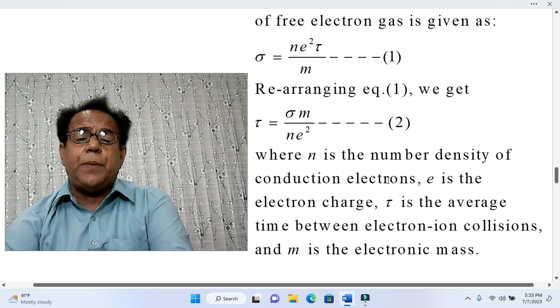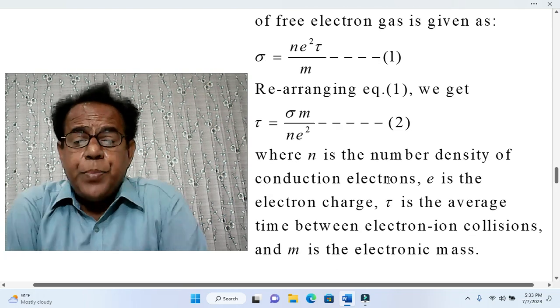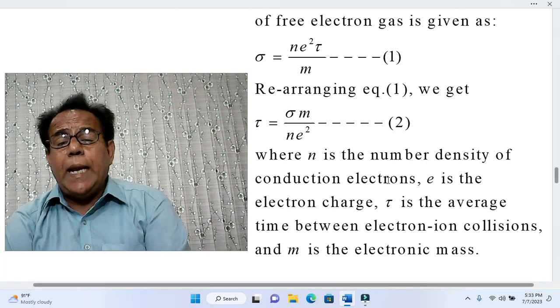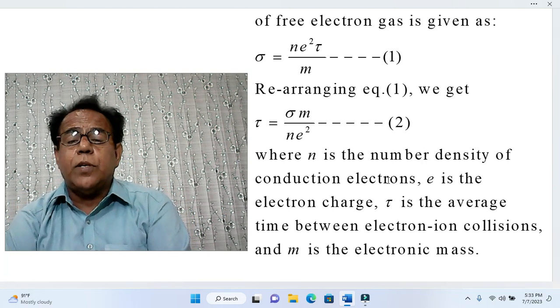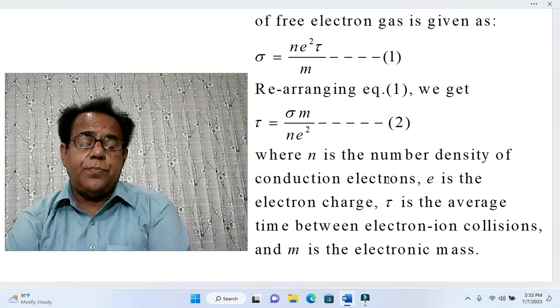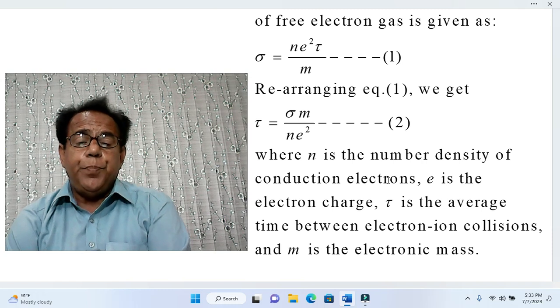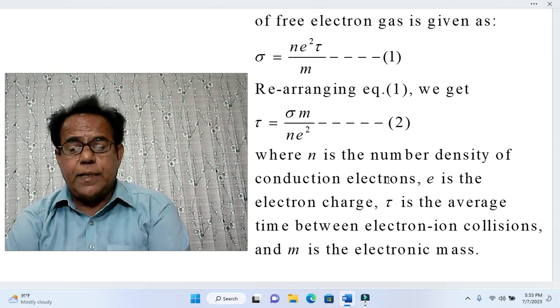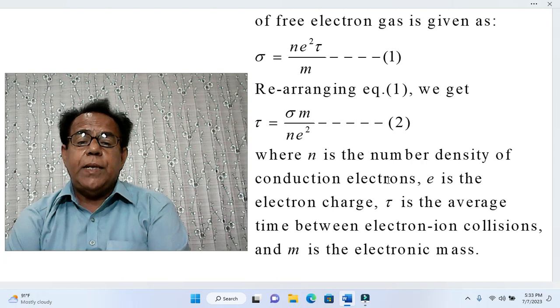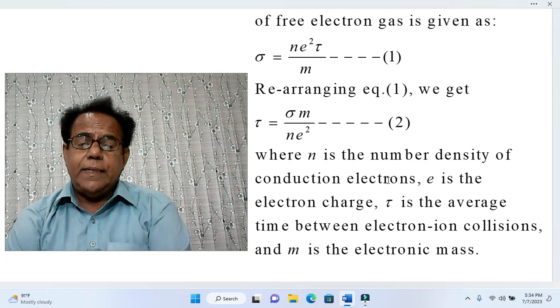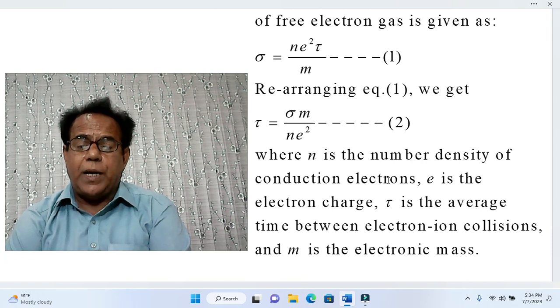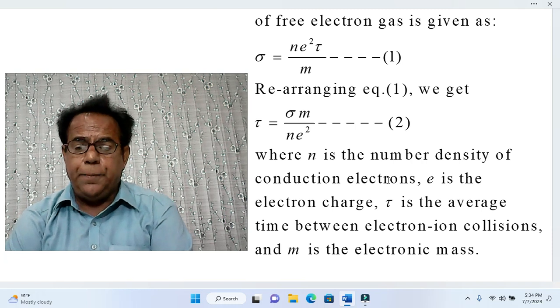Here we explain what these factors are. Small n is the number density of conduction electrons. Small e is the electron charge.